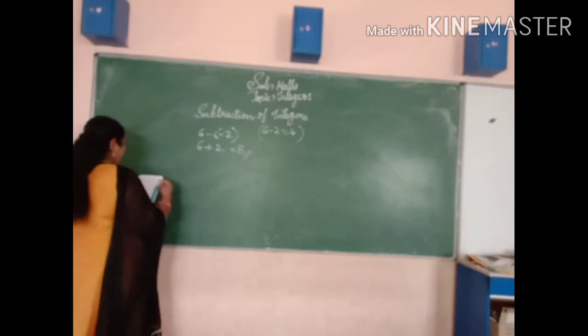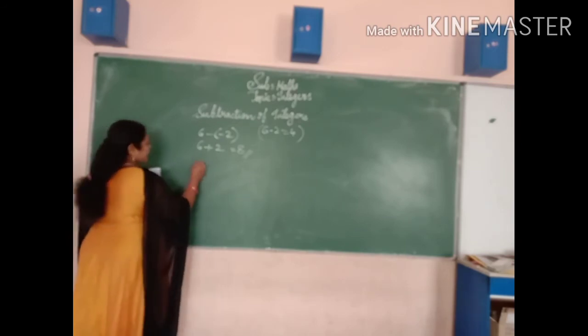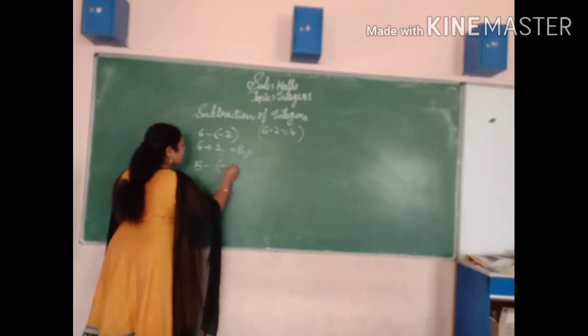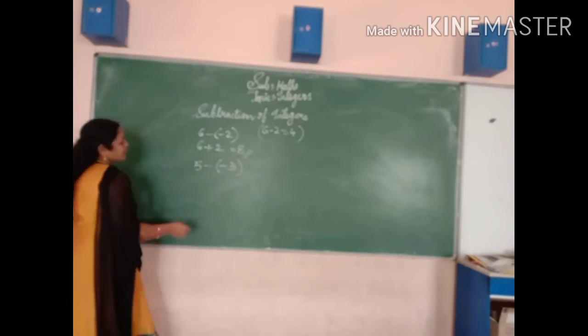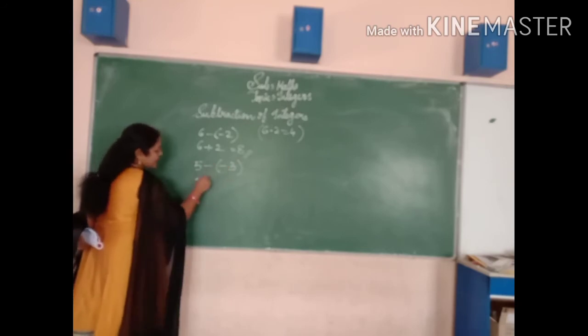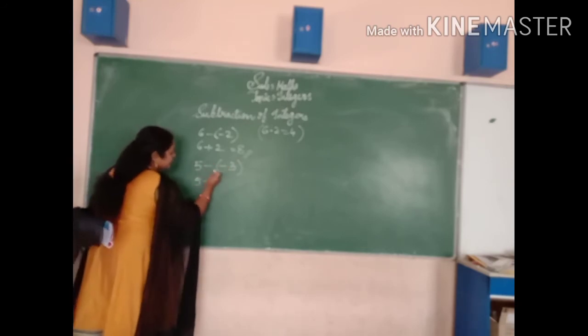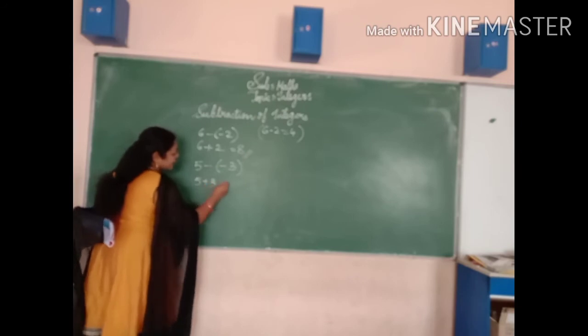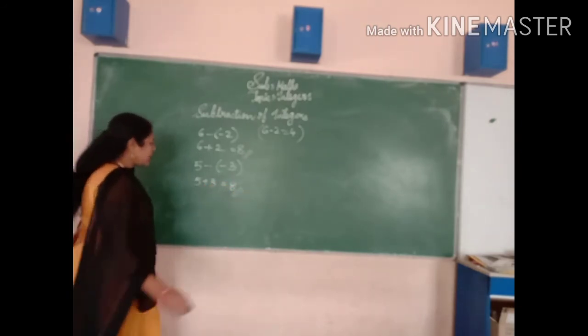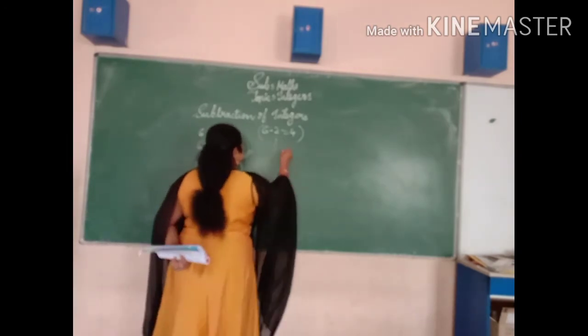So let us take one more example, 5 minus minus 3. So you take 5, minus into minus plus 3, which will be equal to 8. So again we take one more example.